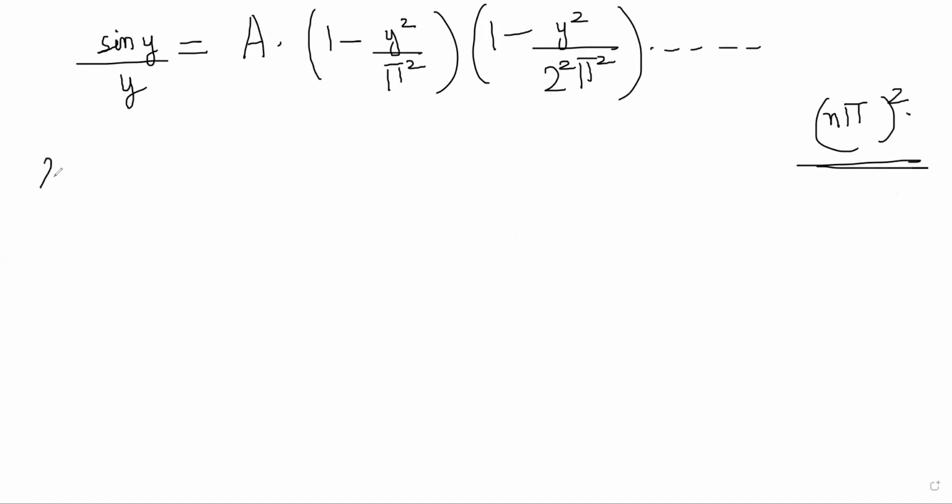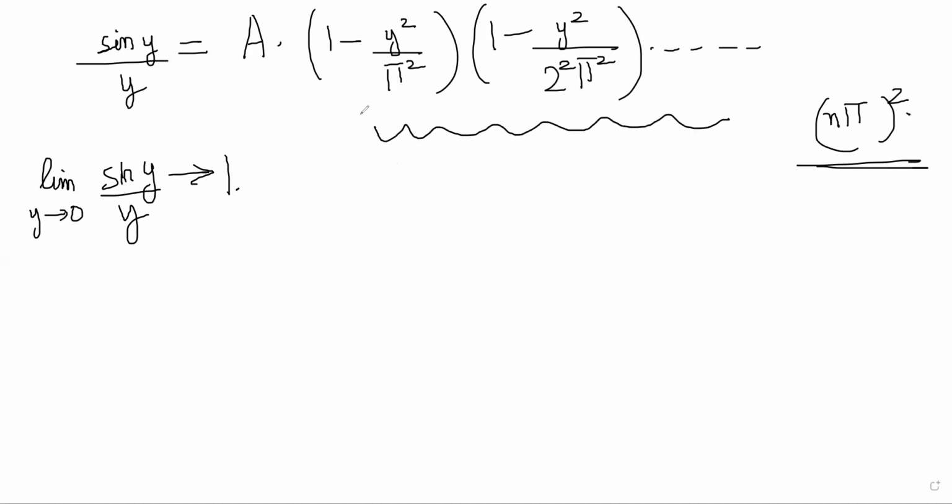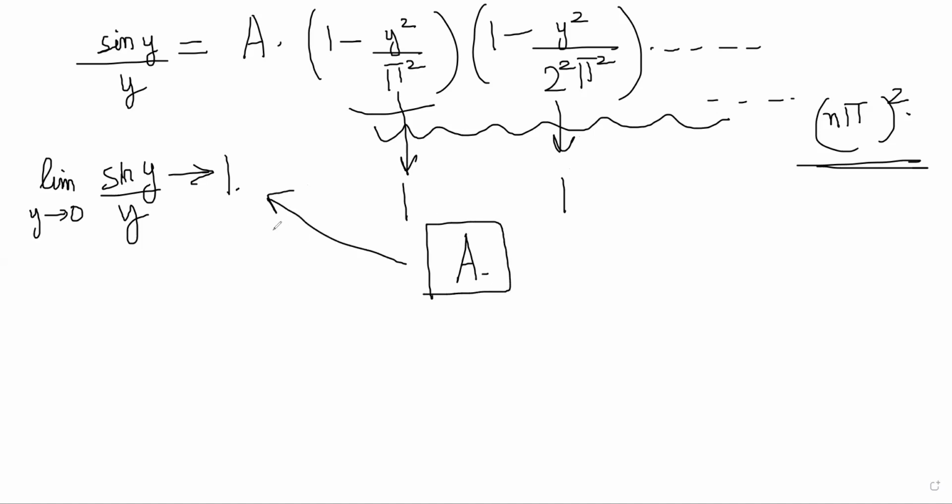Great. If you take the limit of the LHS as y tends to 0, sine y by y tends to 1. And if you take the limit on this side, you will realize that each of the factors tends to 1 when y tends to 0. And therefore, a is the limit here. So a must be equal to 1, right?